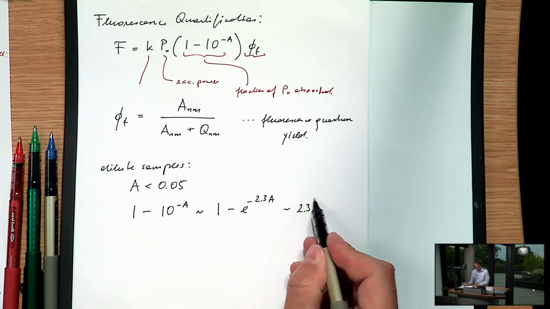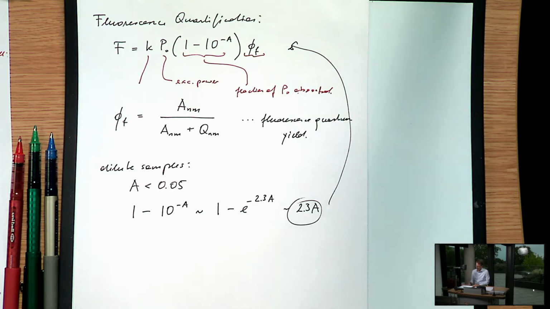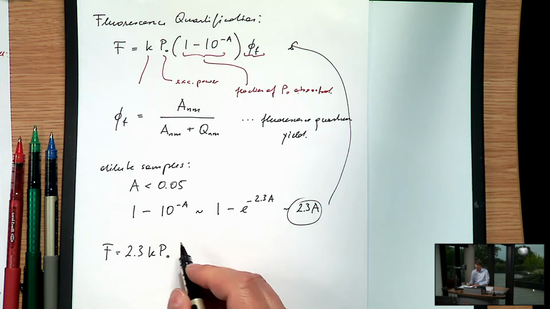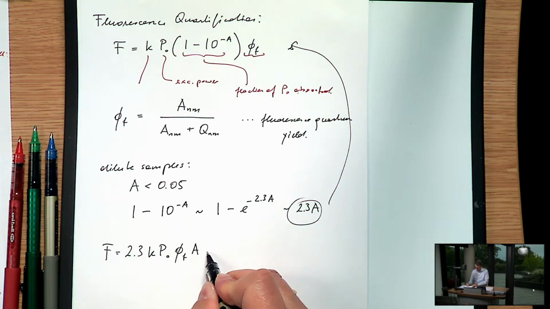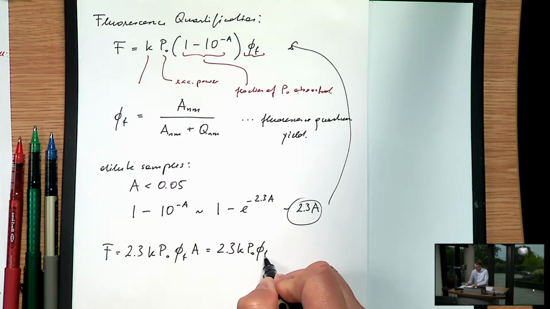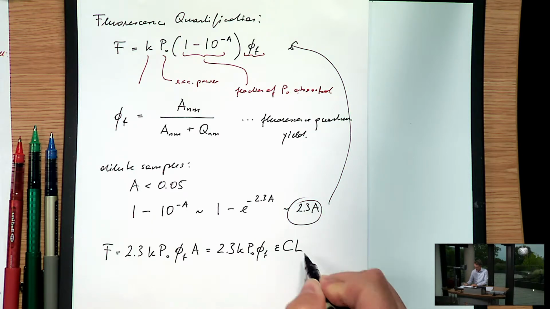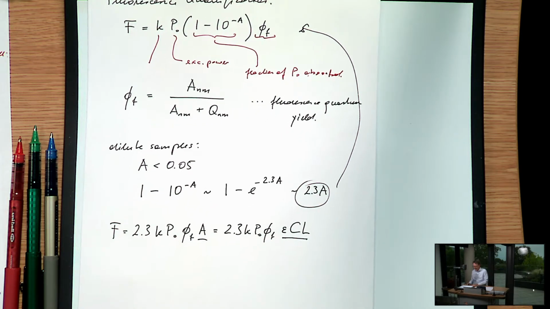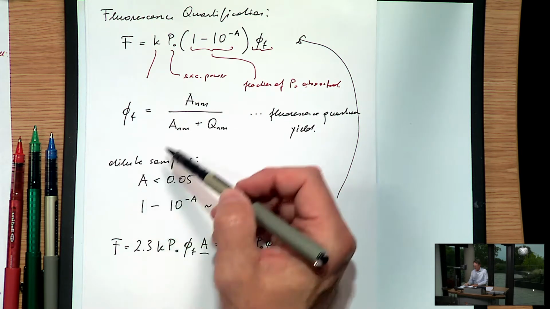Now, if I put this into this equation here, then what we end up with is F is equal to 2.3 times K P naught theta F, fluorescence quantum yield, times A. And that is equal to 2.3 K P naught theta F times epsilon, big C concentration, times L. So this is just the absorbance A. Again, just to repeat, don't confuse that A with these A's here.